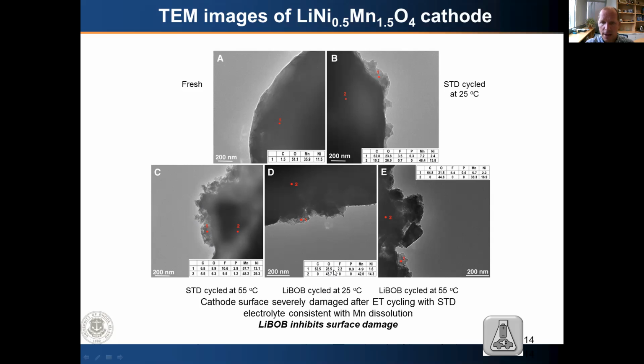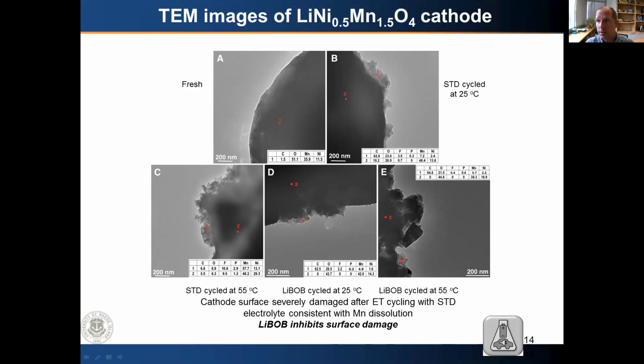However, in the presence of the LiBOB, we can see that the surface is much better retained. There's a little bit of damage to the surface, but it's much better retained than in the case of the standard electrolyte formulation, and consistent with the better performance. We see this surface film retained both for cycling at 25 degrees and also for cycling at 55 degrees.